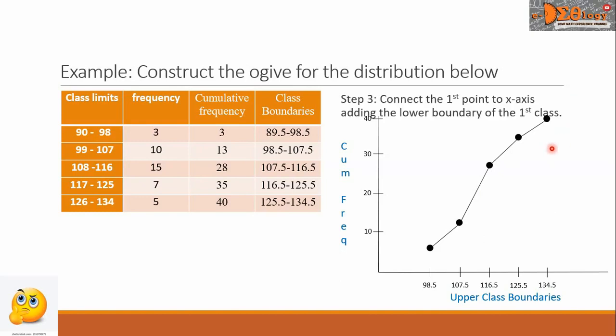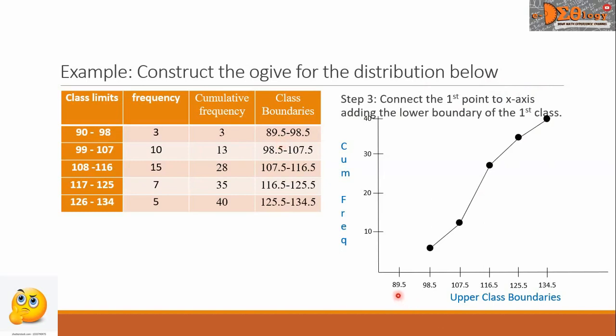For step 3, let us connect the first point to the x-axis, adding the lower boundary of the first class. The first class is here. The lower boundary is 89.5.